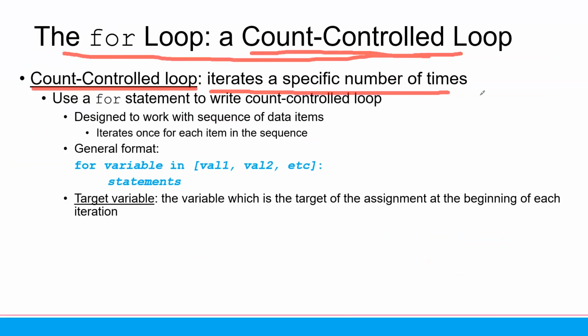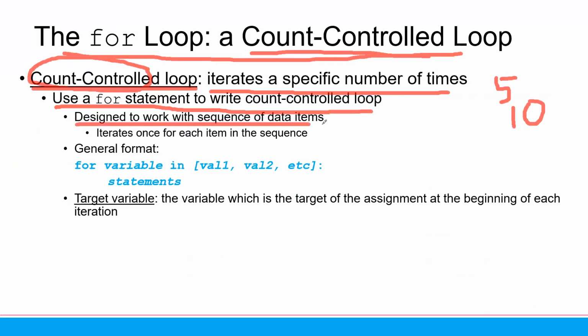So you already determine, okay, I want to loop 5 times, or I want to loop 10 times. Use a for statement to write a count control loop. It's designed to work with a sequence of data items, and it iterates once for each item in the sequence.